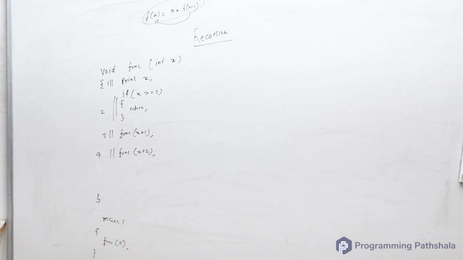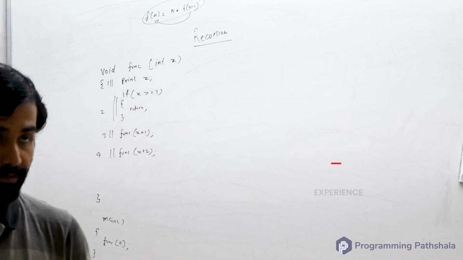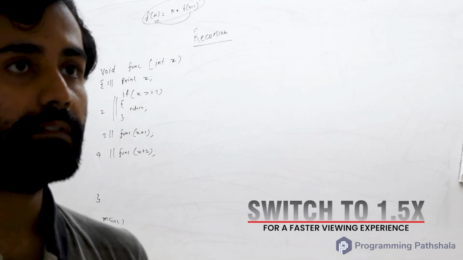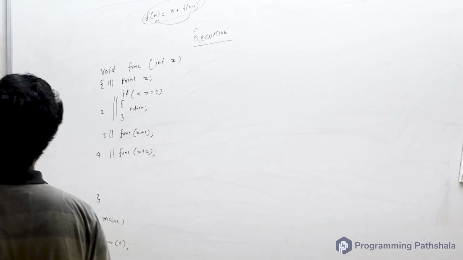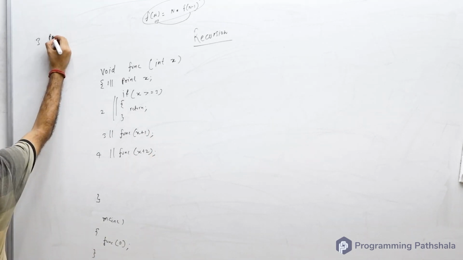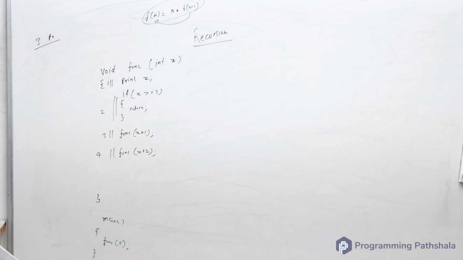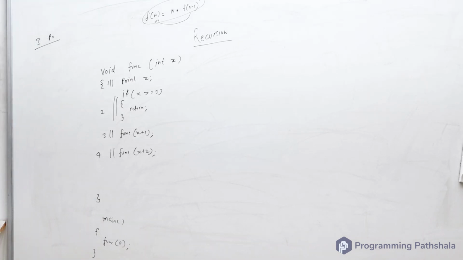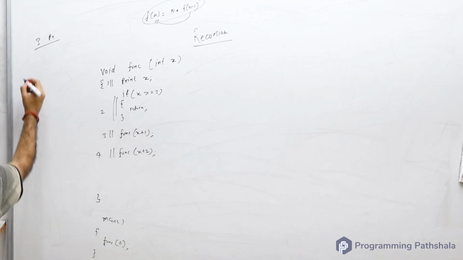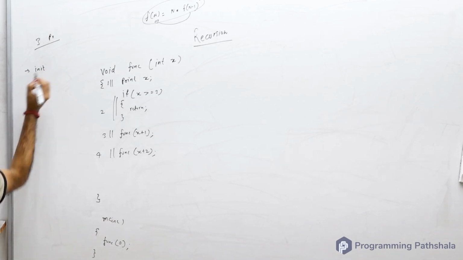Now, another thing that I want all of you to understand is that in every recursive code, there are 3 important things to understand, and those are also called the 3 principles of recursion. What are the 3 principles of recursion? The first principle is initialization.